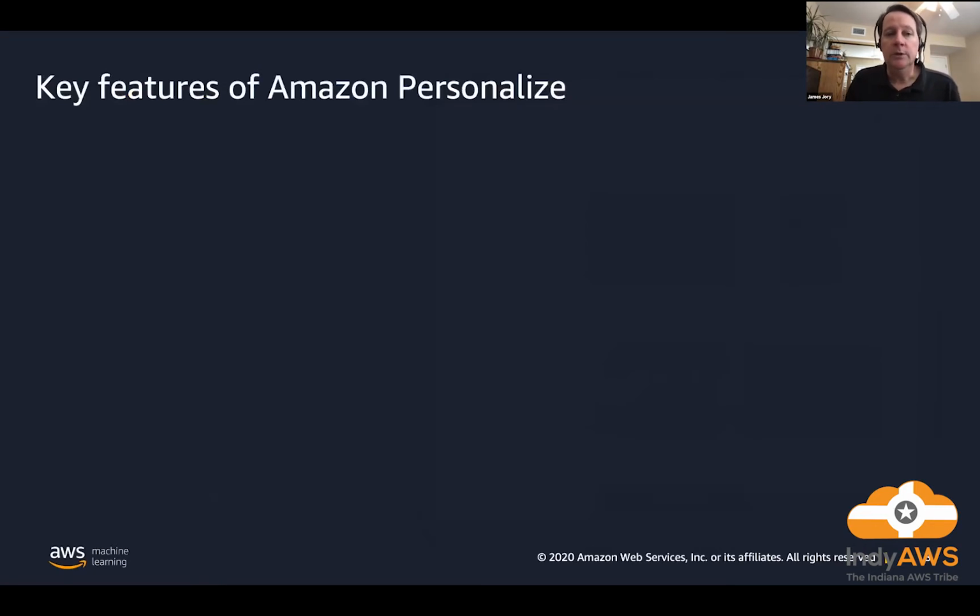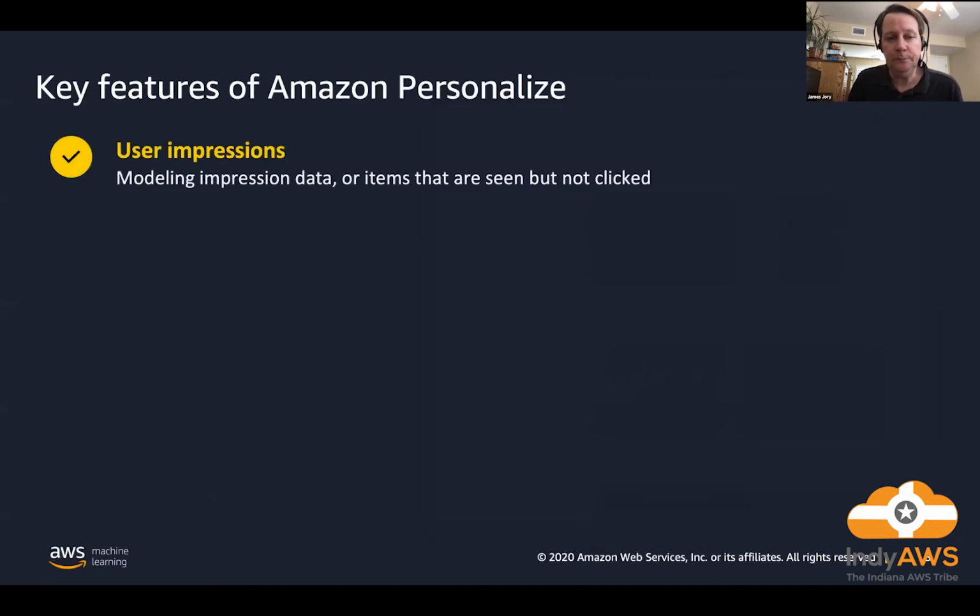So looking a little closer at some of the key features of Personalize, again, that cold user behavior makes it specifically effective at personalization. The first is user impressions. This is where Personalize is able to model on impression data. If you recall some of the examples of events that I used earlier, such as product clicks, add to carts, or purchases, those are explicitly positive behavior.